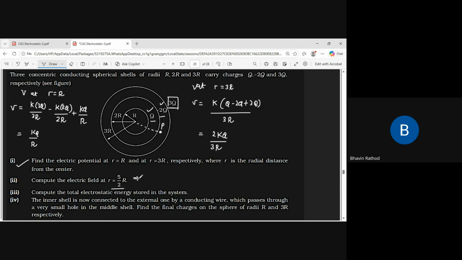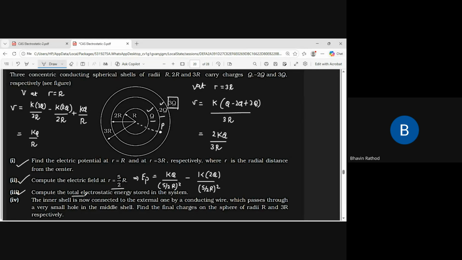So E at P will be equal to KQ by (5 by 2R) whole squared, radially outwards, and minus K into 2Q divided by (5 by 2R) whole squared, minus because it's radially inwards. Then we can simplify it further if we wanted to. That's the second part. Third part is important.